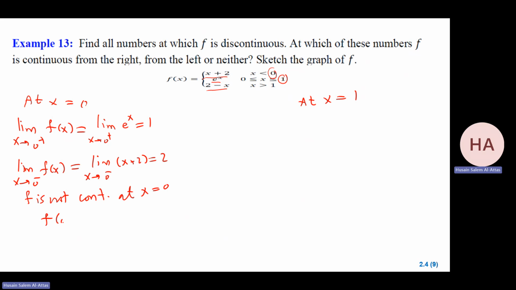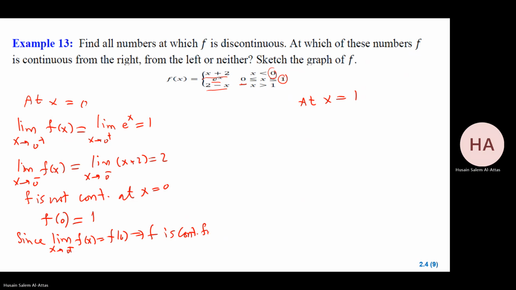What is f at 0? f at 0, the 0 is defined here. It will be 1. So since the limit as x goes to 0 from right of f of x equals f of 0, then f is continuous from right at x equals 0.